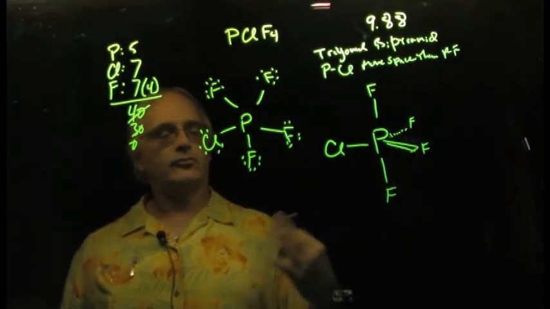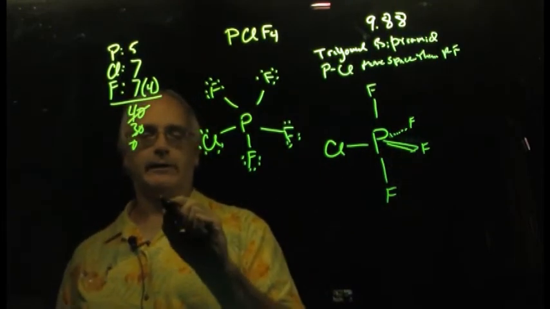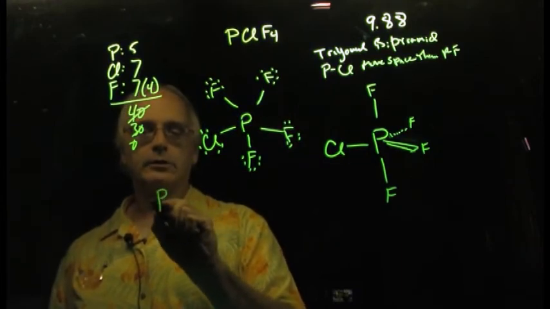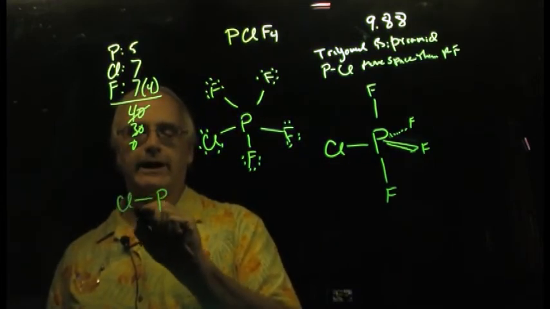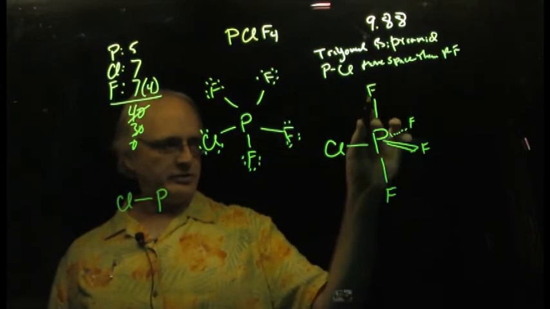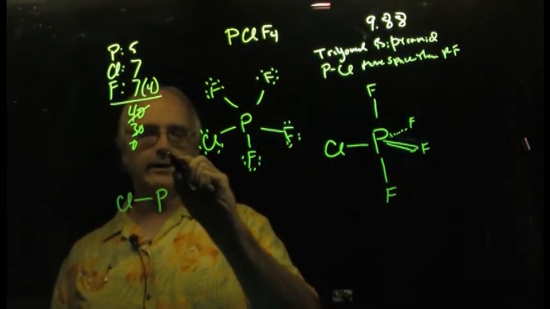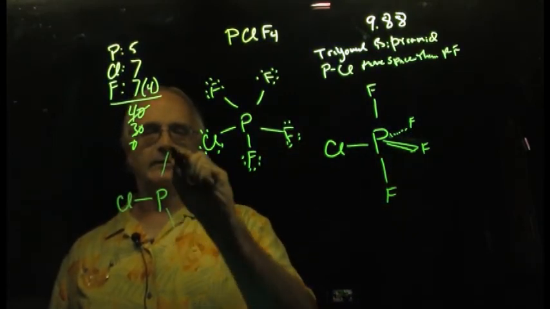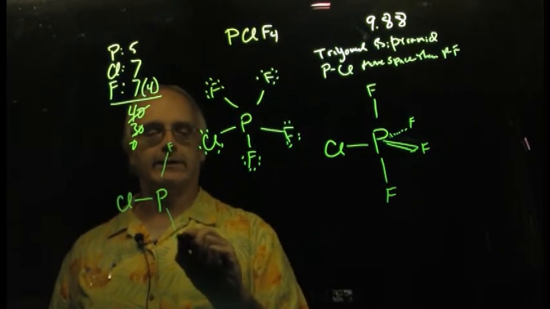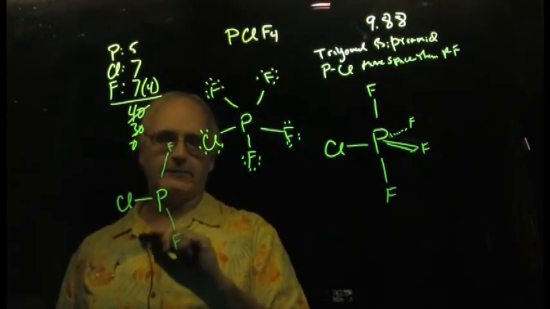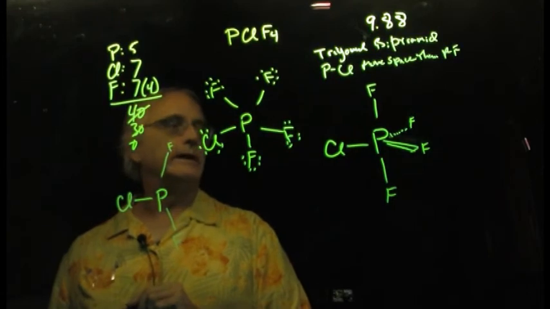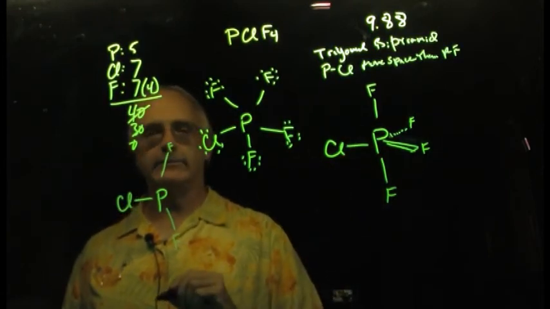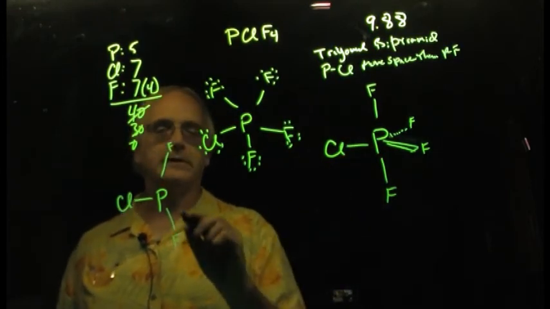And so if I had to draw it in a kind of distorted manner, that big chlorine out here is going to have the effect of pushing the fluorines in the axial area back just a little bit. I may be exaggerating it here for effect, but it's going to make the bond angle slightly larger than the classic 90 degrees. Call it 92, 93 degrees.